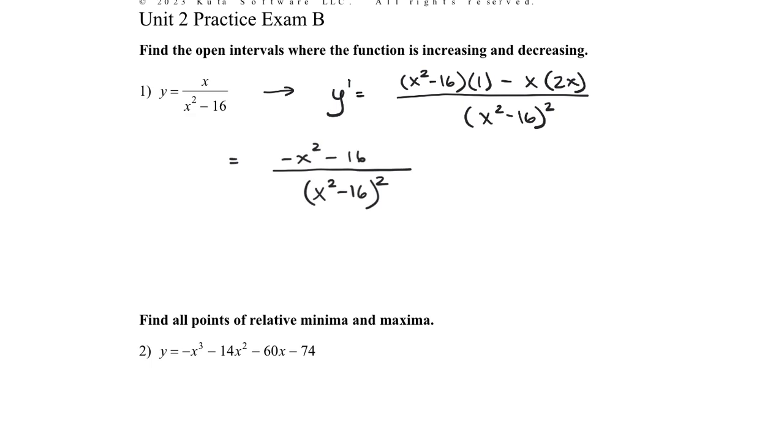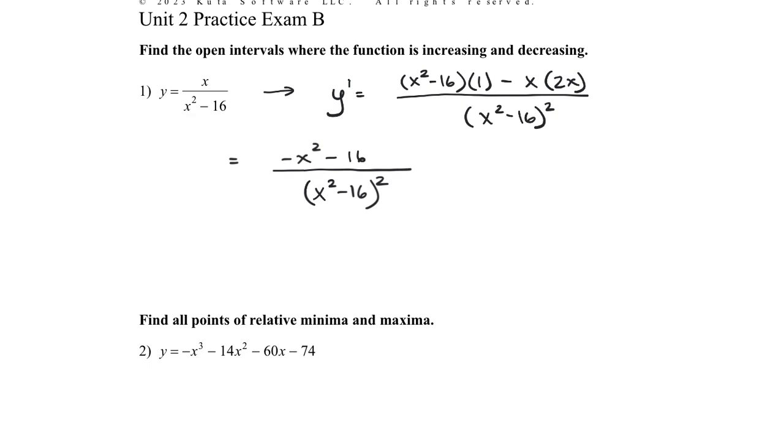So now we find the critical values. Remember, critical values occur when the first derivative is equal to 0 or when it is undefined. So when we have a quotient like this, it can be undefined when the denominator is equal to 0. That's going to occur when x equals positive or negative 4. And the quotient is going to equal 0 when the numerator is equal to 0.